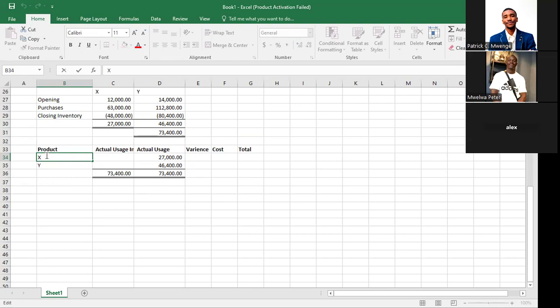This is where we go to the standard cost card. Yes, 10 kg. So we say 10 kg here.